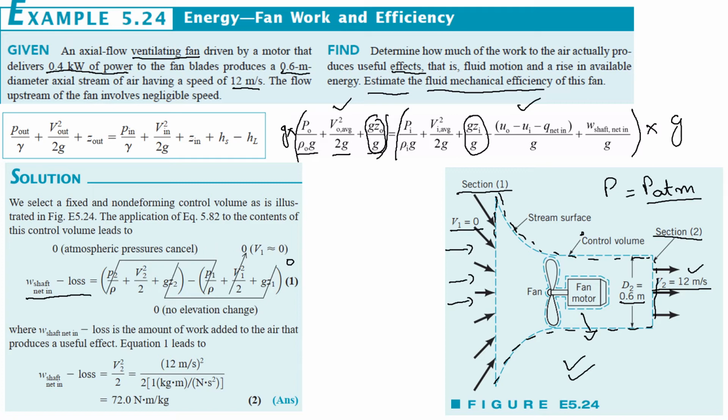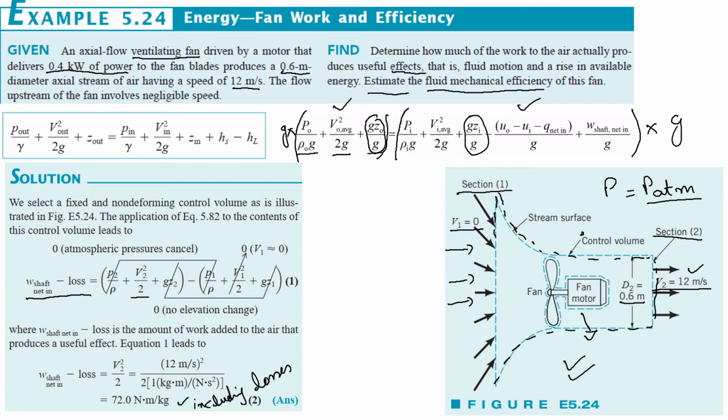So we will find the work by putting in the values of V2 square by 2, and what we will get is this. This is the actual work including the losses.